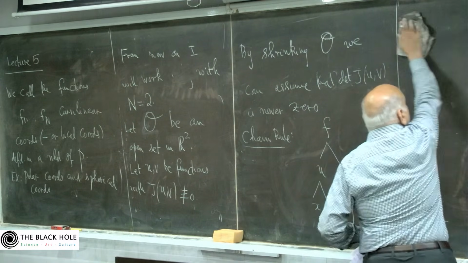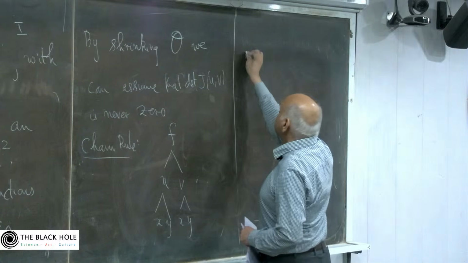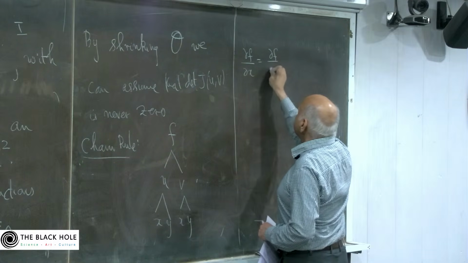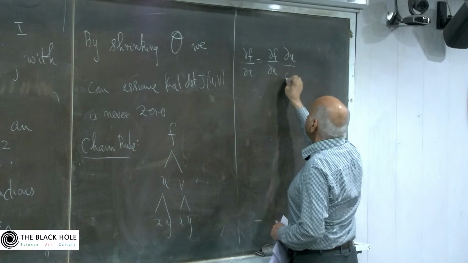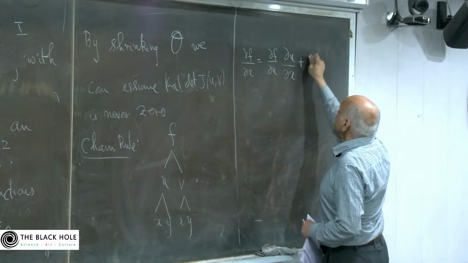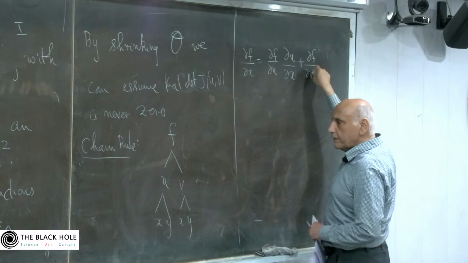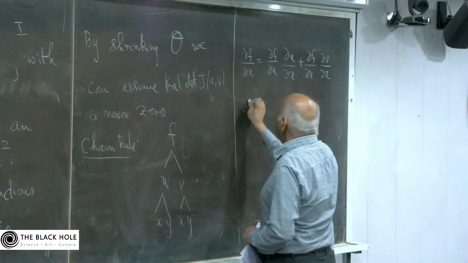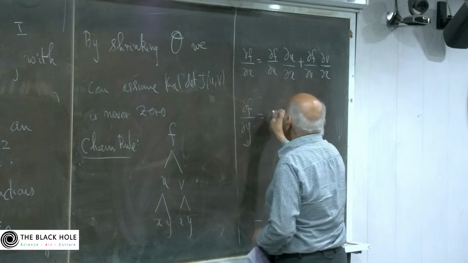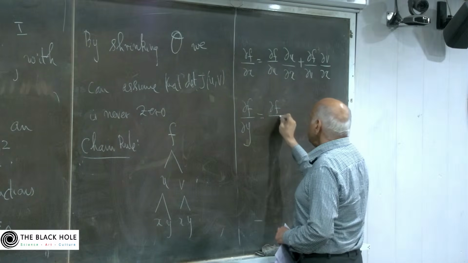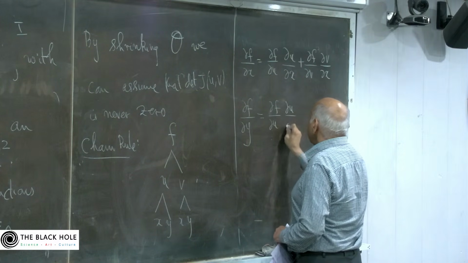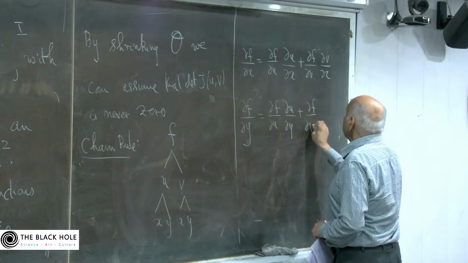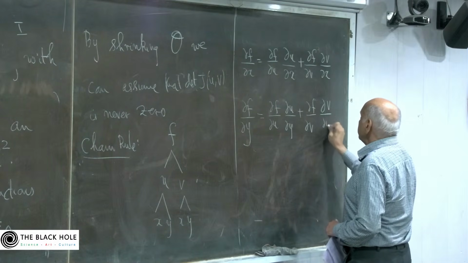So partial f by partial x is partial f by partial u times partial u by partial x plus partial f by partial v times partial v by partial x, and partial f by partial y is partial f by partial u times partial u by partial y plus partial f by partial v times partial v by partial y.